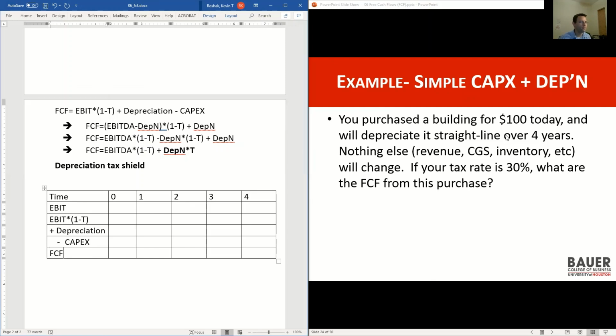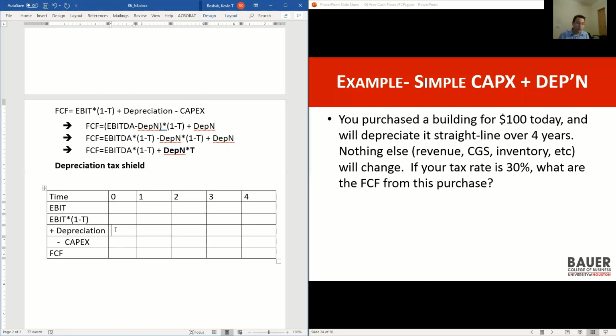All right. So in this example, what's happening at time 0? Well, we said generally we're not going to have any EBIT at time 0. We're definitely not going to have any depreciation at time 0, right? You just bought the thing. You just bought the building today, so you shouldn't depreciate it. It takes time for those expenses to accrue.